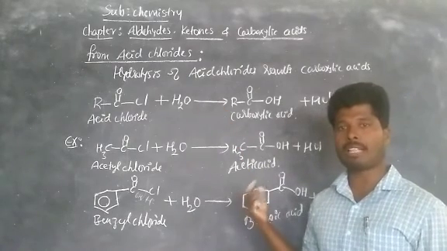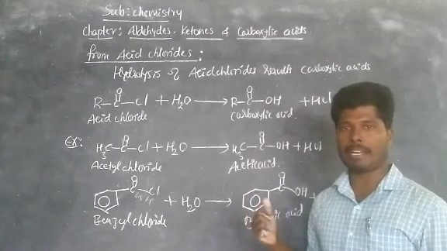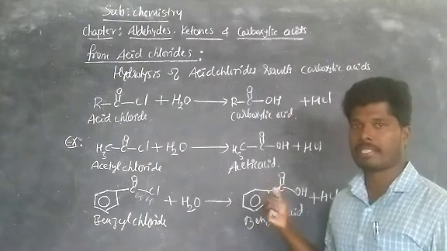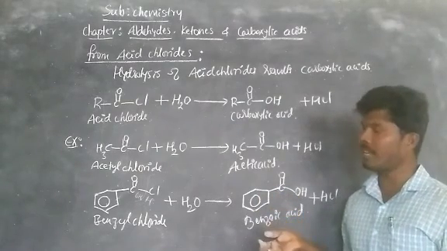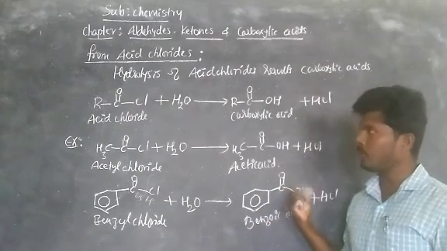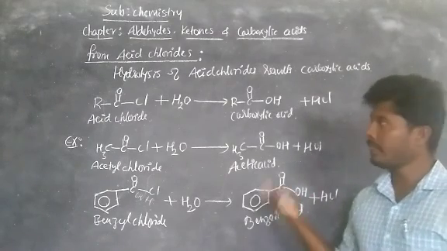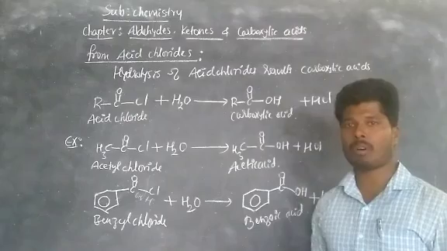Along with these, we also studied using Grignard reagent with solid carbon dioxide, which we call dry ice. These are some methods we use to prepare carboxylic acids. Now in the next class we will study the properties of carboxylic acids.